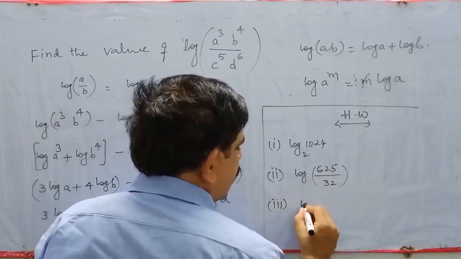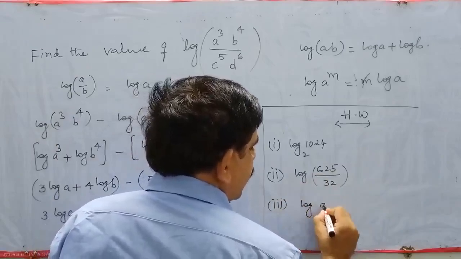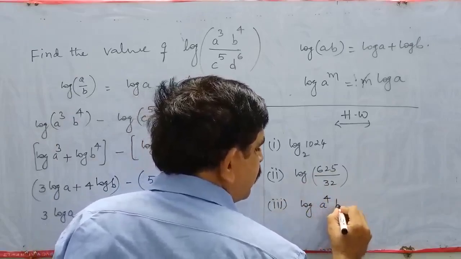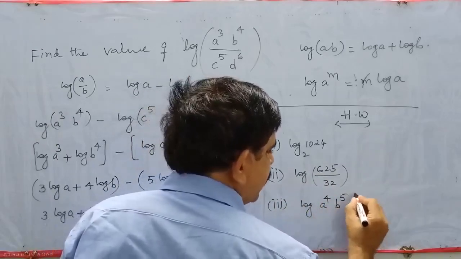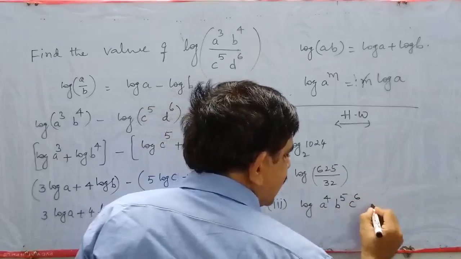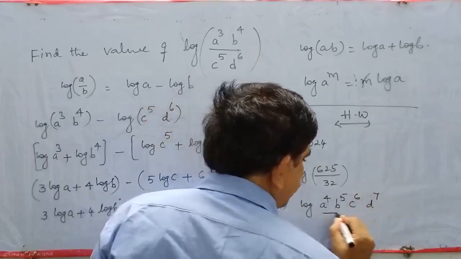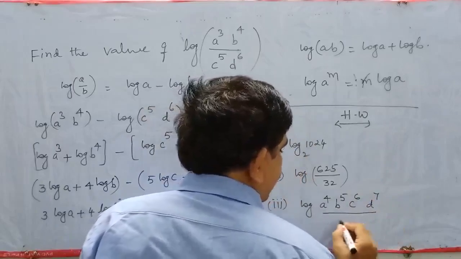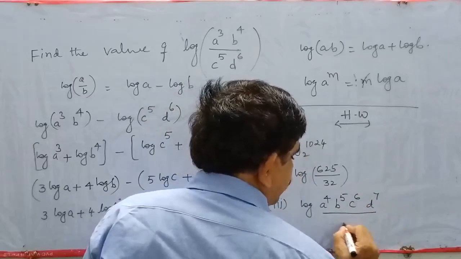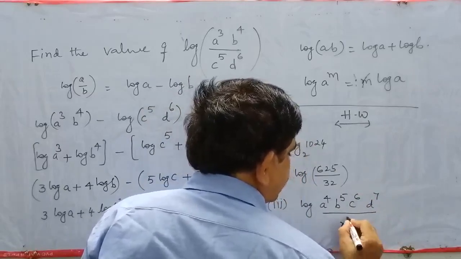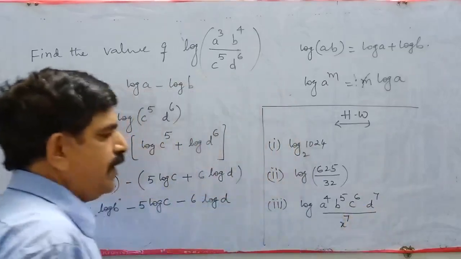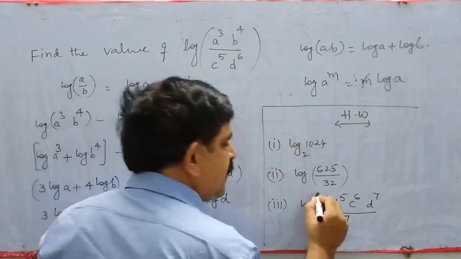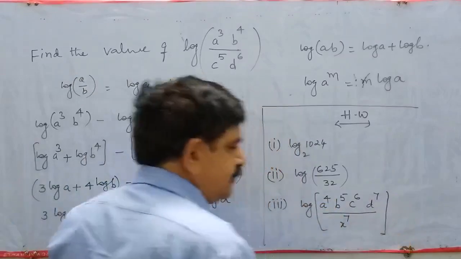Third one, log a to the power of 4, b to the power of 5, c to the power of 6, d to the power of 7 by a to the power of x to the power of 7. Try to do these three problems as the homework.